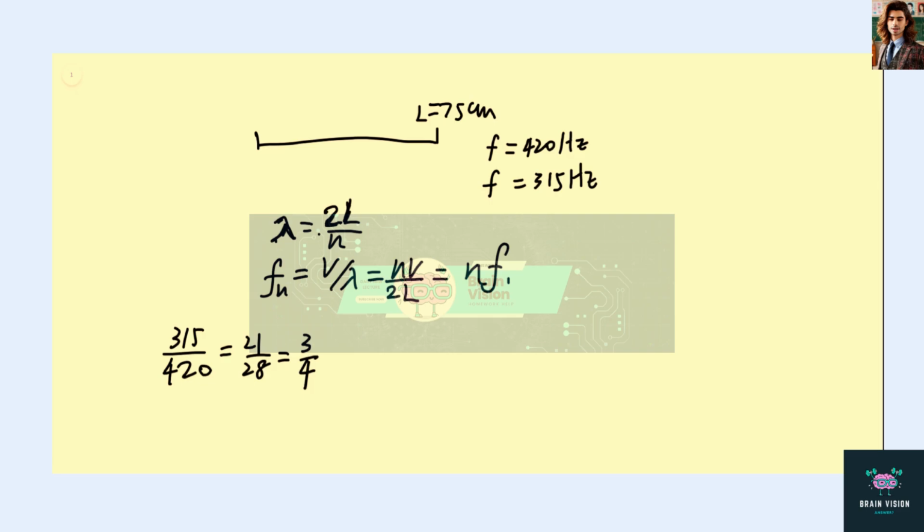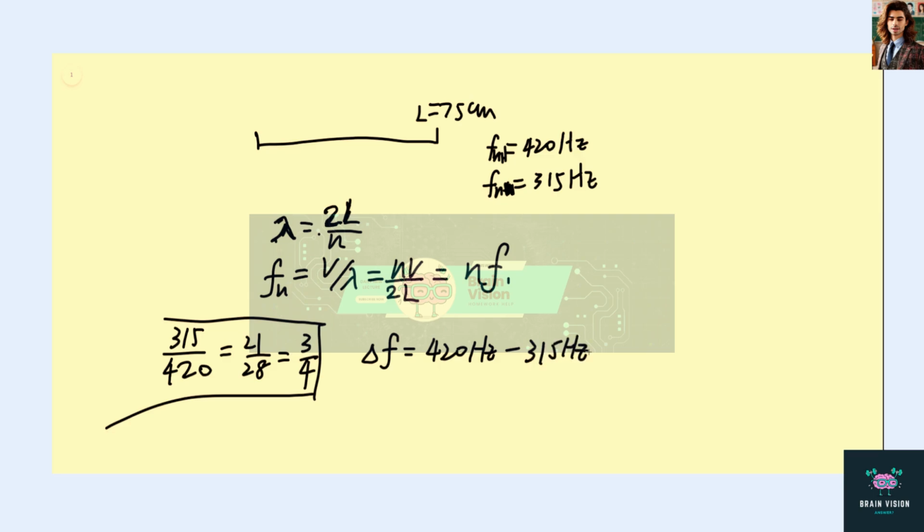But another way of solving it is that since they are adjacent frequencies, one must be Fn and one must be Fn plus 1. The difference of frequency between them will be exactly equal to the lowest frequency.